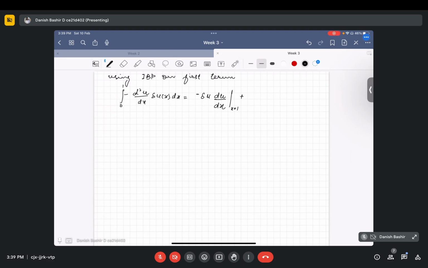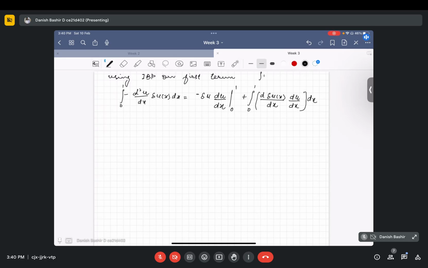Then it will be the variation of u, evaluated from 0 to 1, and then minus minus plus, we have the integral from 0 to 1. Hope you remember the formula. Then we have to take the differential of the first function, d delta u of x by dx, and use the du by dx function there, whole dx.